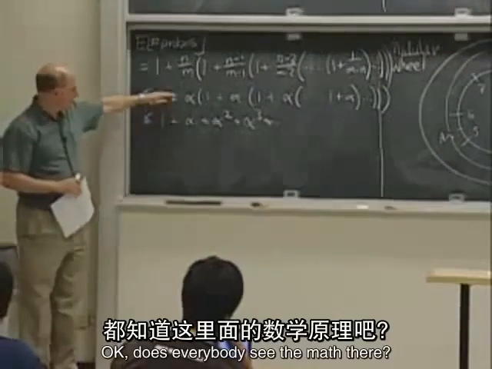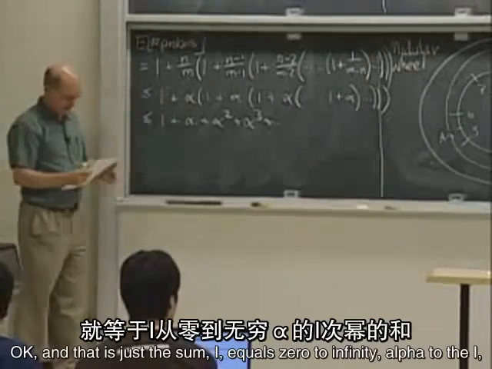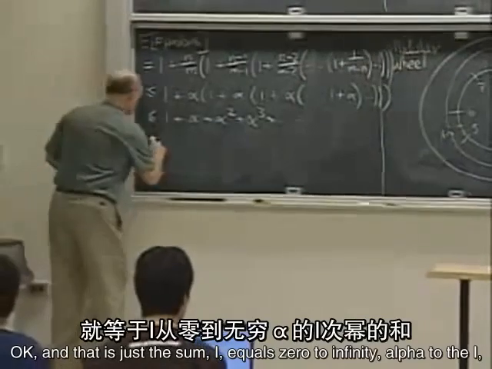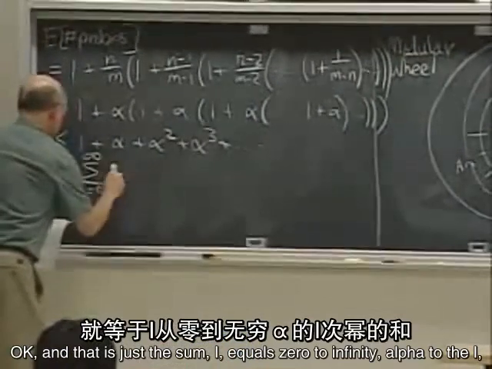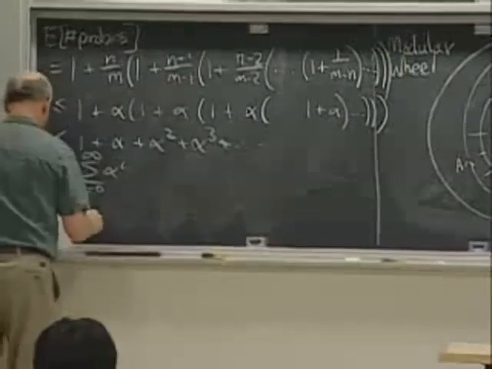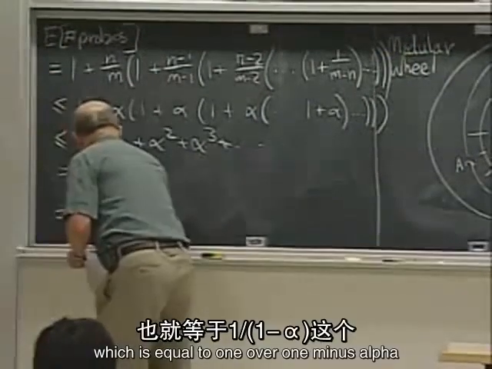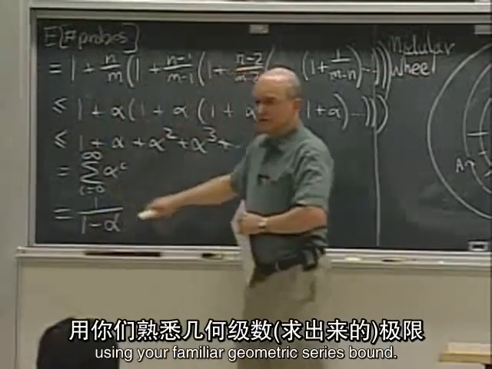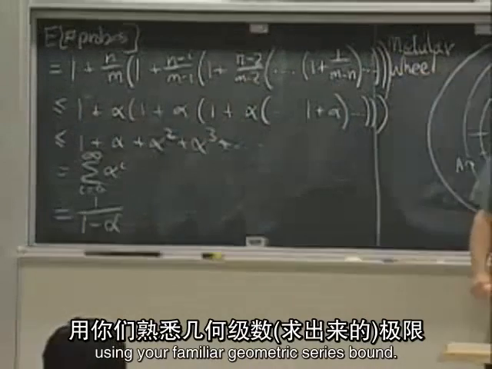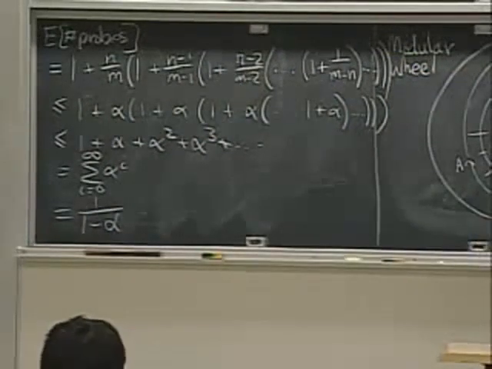Okay, does everybody see the math there? Okay? And that is just the sum i equals 0 to infinity of alpha to the i, which is equal to 1 over 1 minus alpha using your familiar geometric series bound.